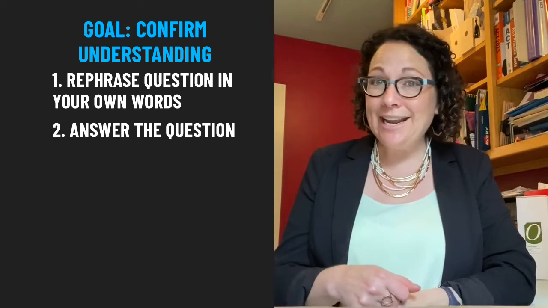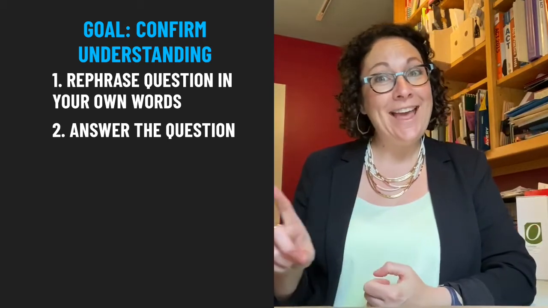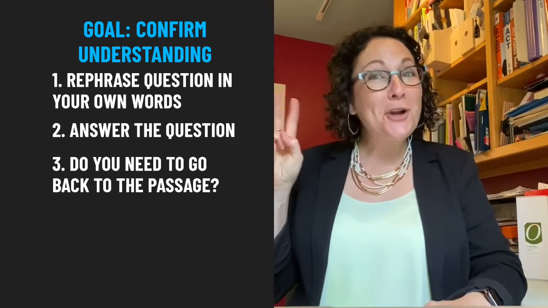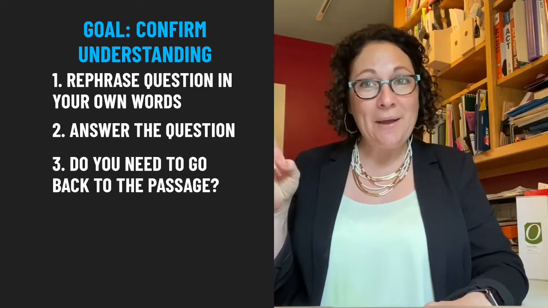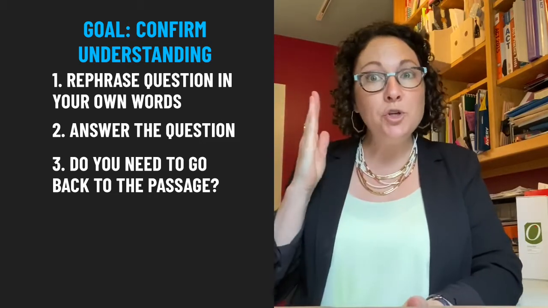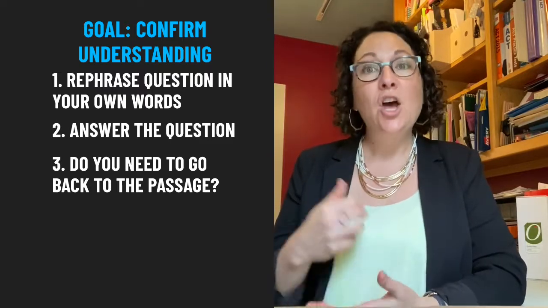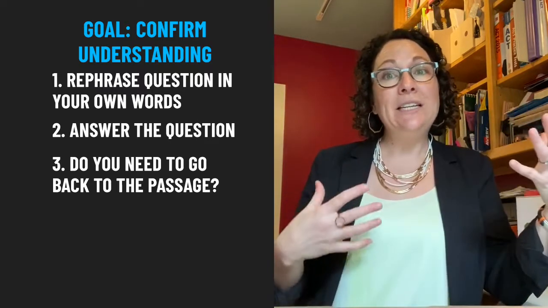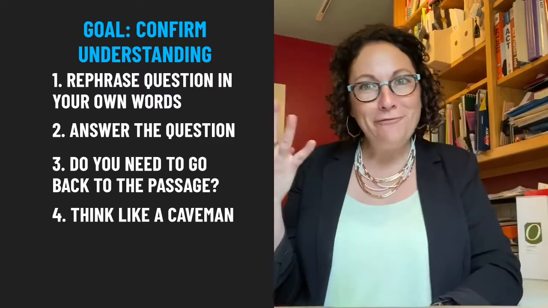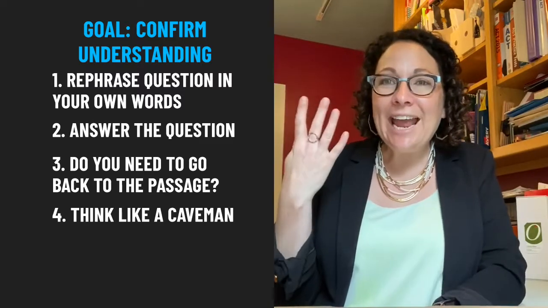If you cannot answer the question in your own words, then 3, determine if you need to go back to the passage to find the answer. So you must always return to the passage with a clear purpose. You're looking through the passage and 4, think like that caveman again.